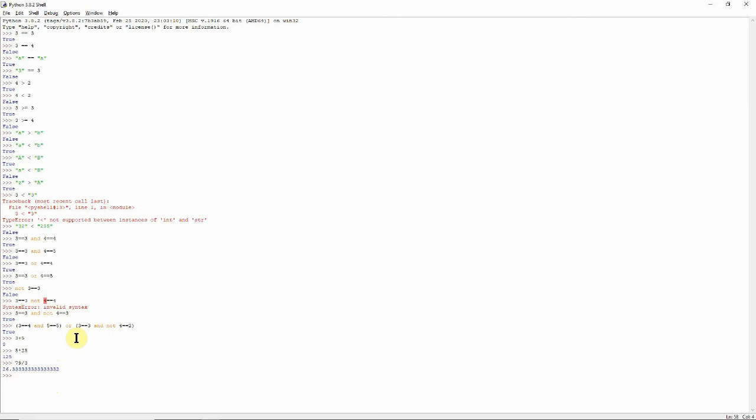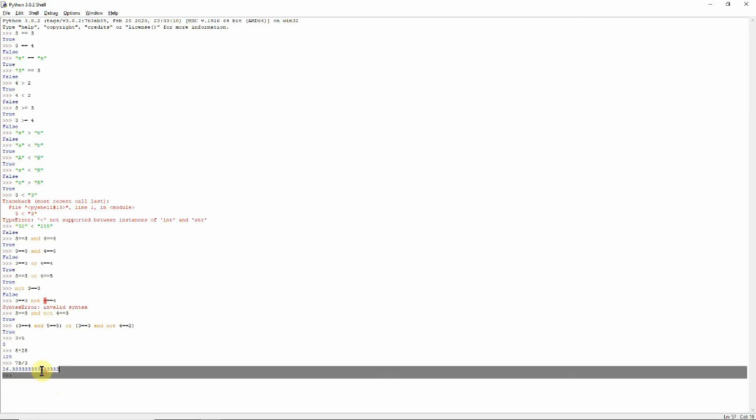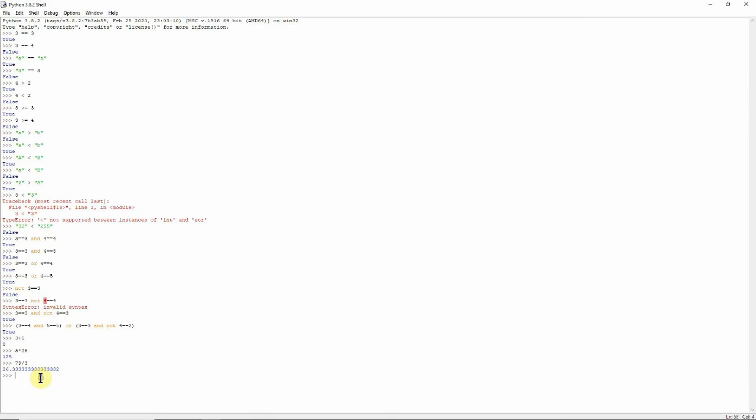But if we then take this number and multiply it by 3, it then resurrects that mistake because it calculates it and gets that it's not perfect and then naturally rounds it.